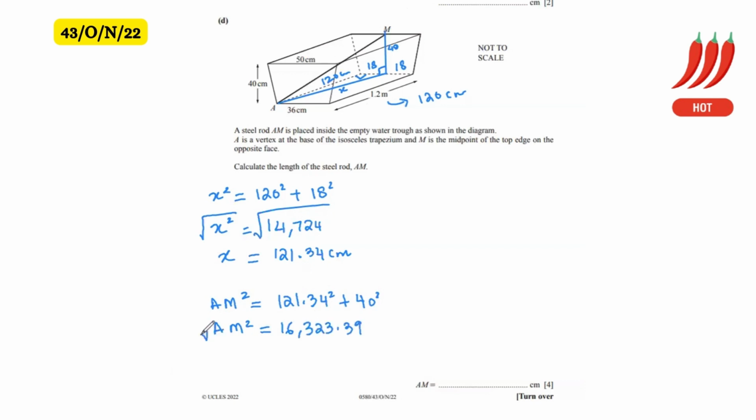Square root both sides. And AM is equal to 127.76 centimeters. So you can even round that to 128 or leave it as it is.